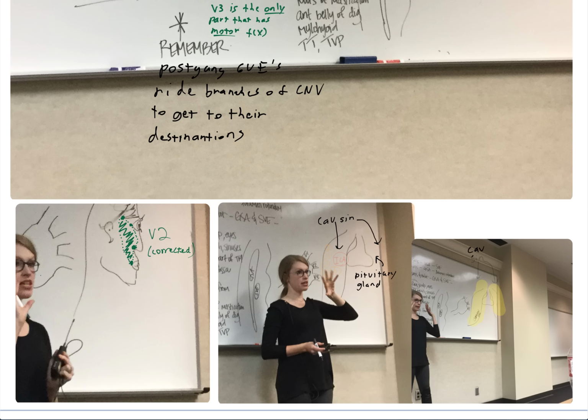Okay, so cavernous sinus. It is a space full of venous blood that flanks the pituitary gland. Inside that space are important structures. Medial, you have the internal carotid artery.